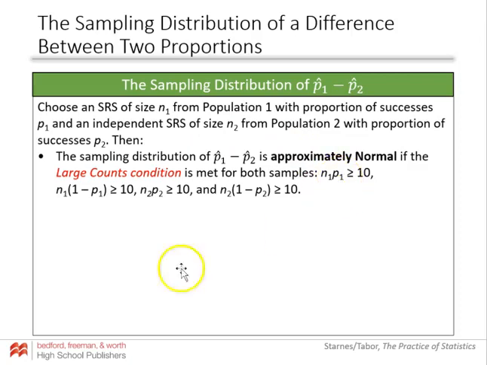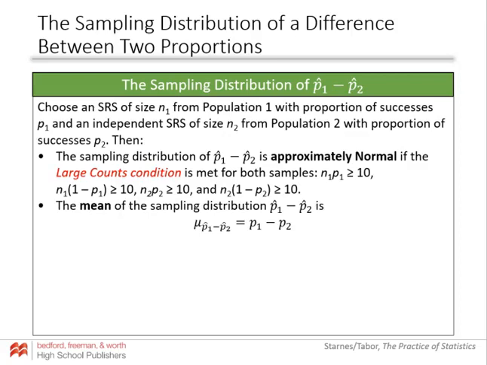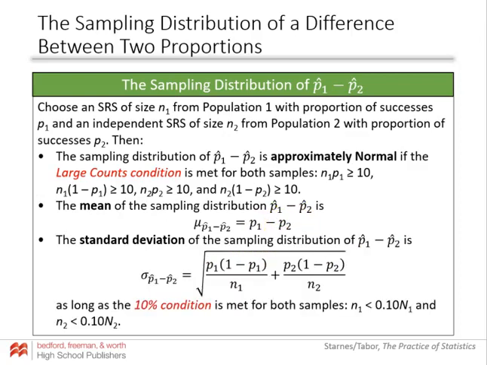So you have to do n times p and n times 1 minus p for both schools here in this case, and all 4 of those numbers have to be greater than 10. All right, the mean is just the two proportions subtracted, okay, population proportion. And then the standard deviation, we would use this formula, but we have to check that the 10% condition is met for both of our samples. So this whole chapter, while we're doing differences, we got to check things for both samples.